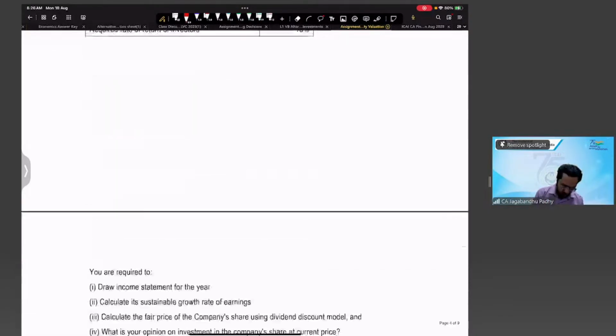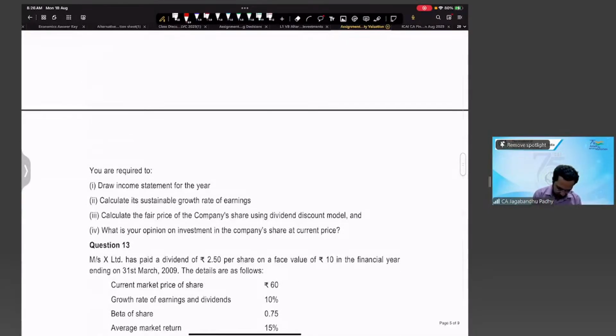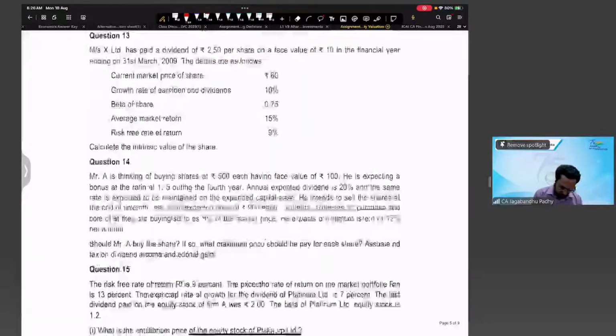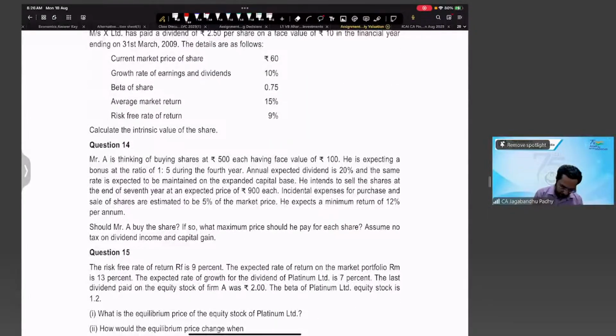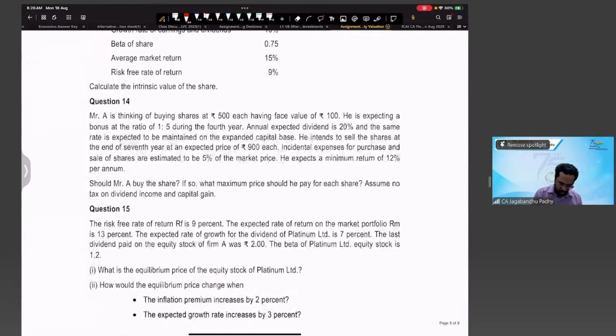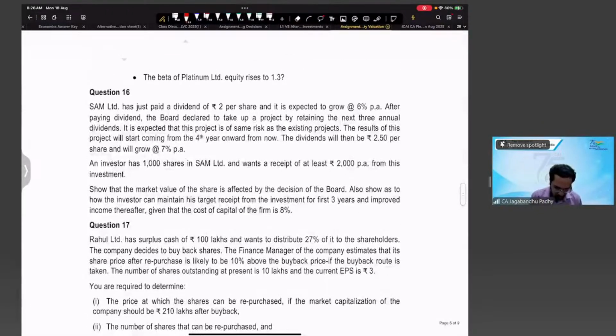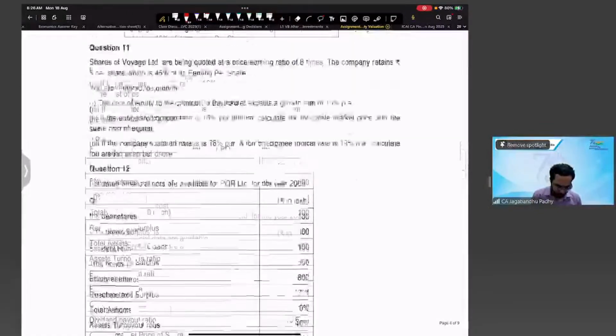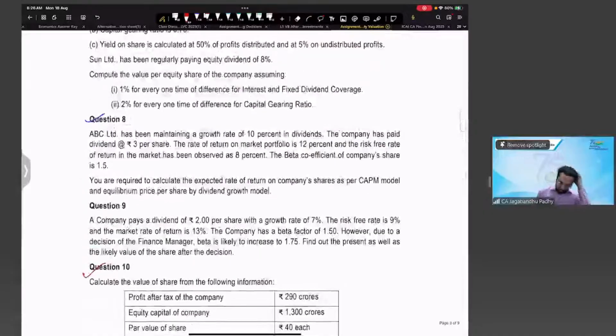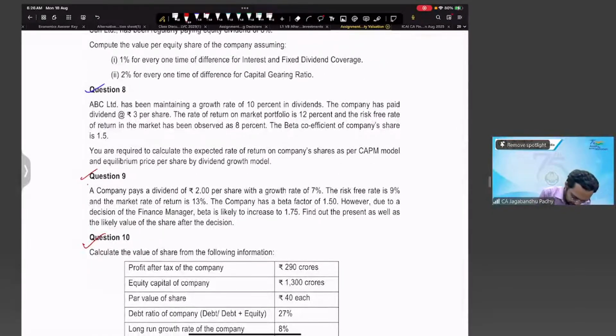Then we have 11, 12, 13th also to be done. 14th, 15th is there to be done. A lot of things to do. Anyways, let's go for question number 9 now, guys.